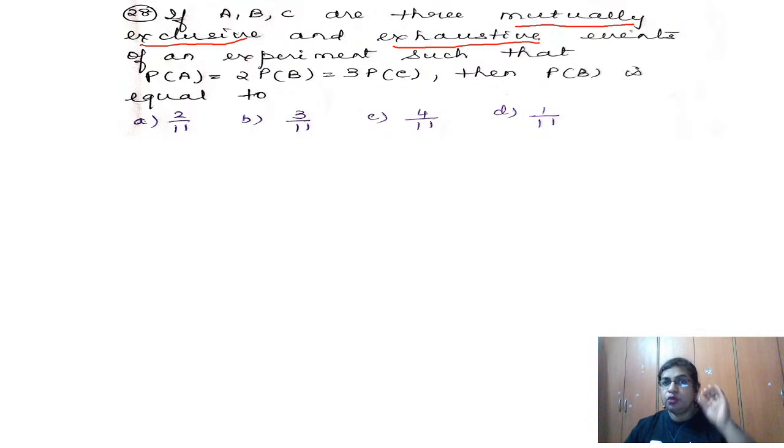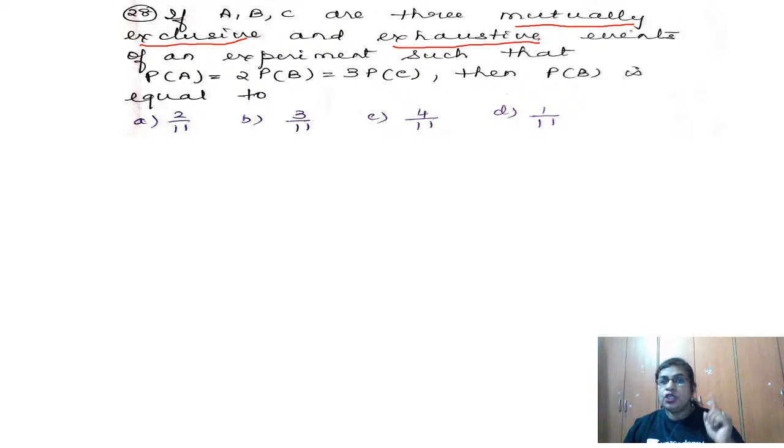Exhaustive events. Mutually exclusive means no intersection. The word mutual means between the two, that is between A and B, B and C, A and C. There is no intersection. And exhaustive means A union B union C, its probability will become equal to 1.